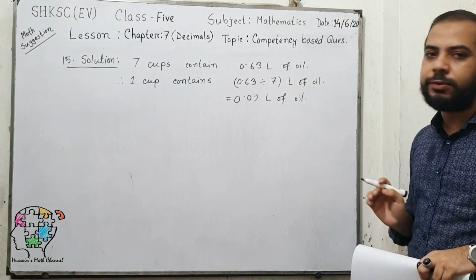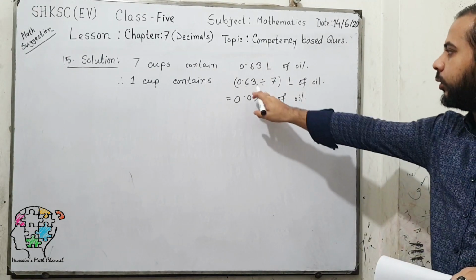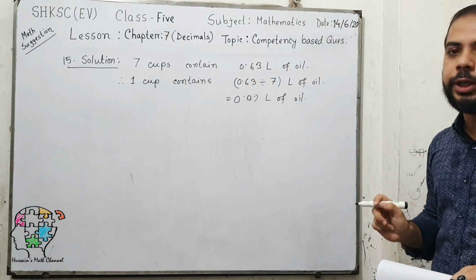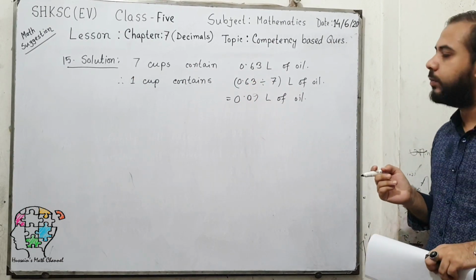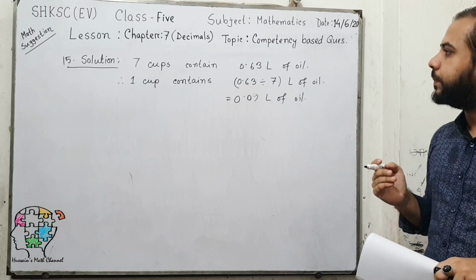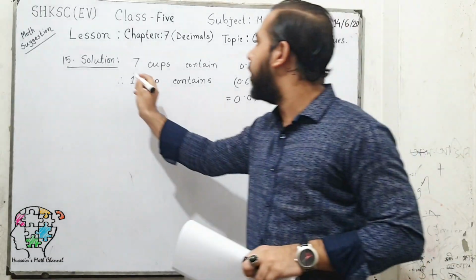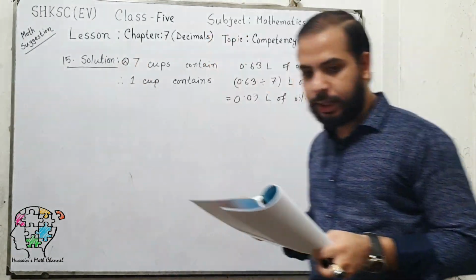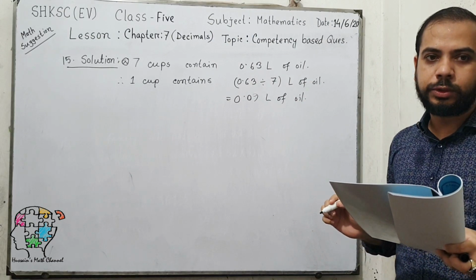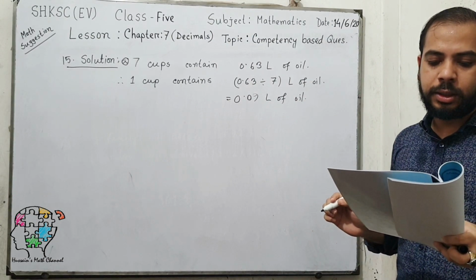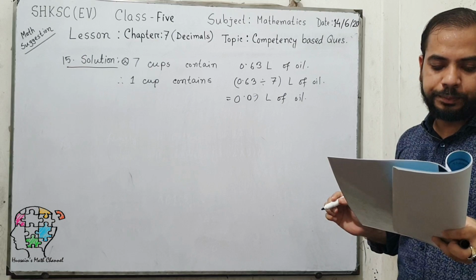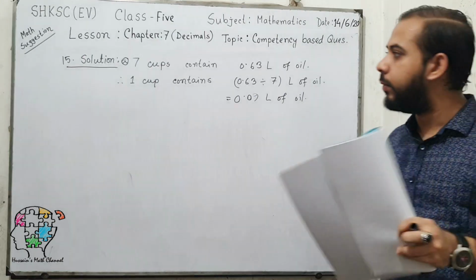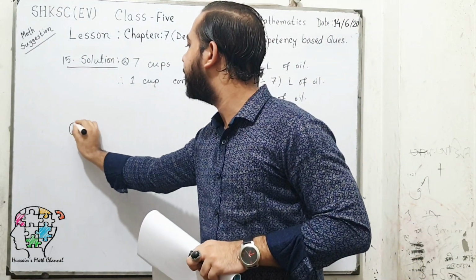You can also do rough for dividing this kind of decimal, which I taught you in the last class. This was solution number A. Now we do solution number B from question number 15.